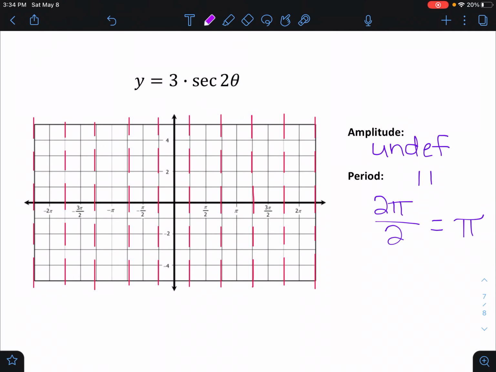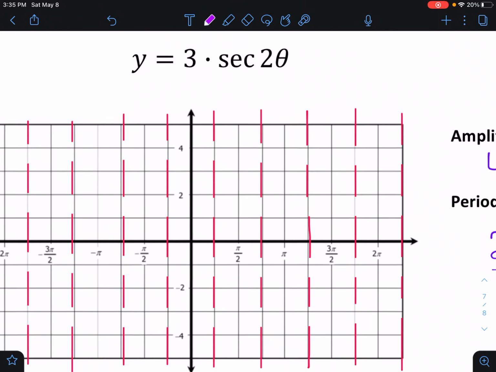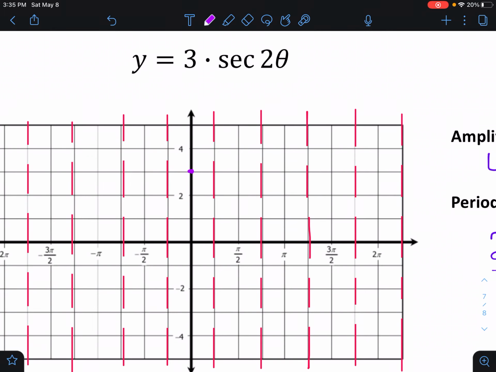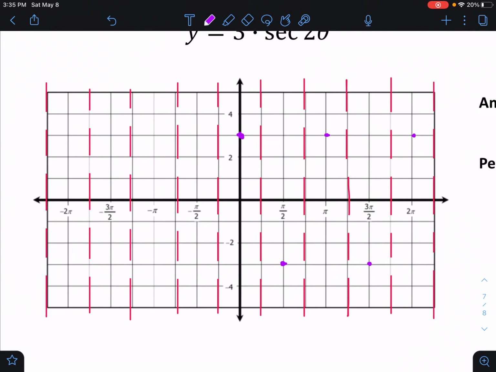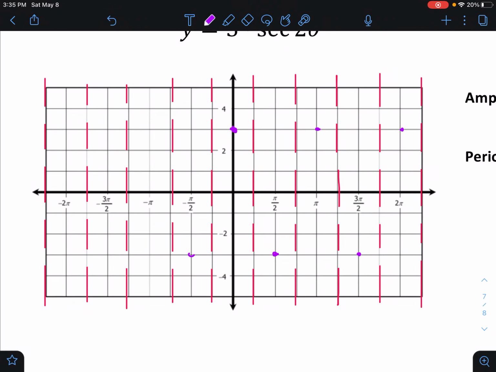Now this one starts at 3, so I'm going to have a dot here, and then -3, 3, -3, 3. Okay, and then we're just going to fill these in.